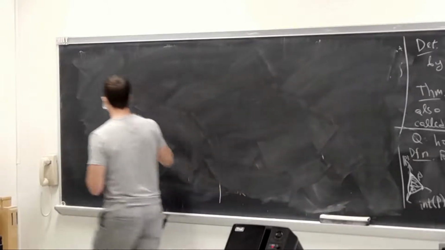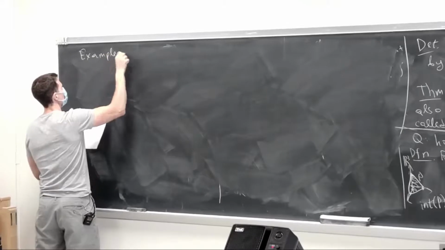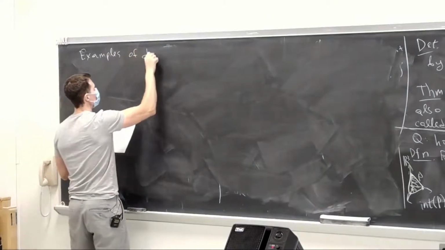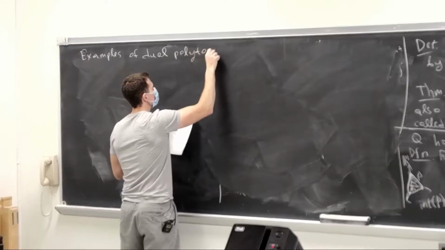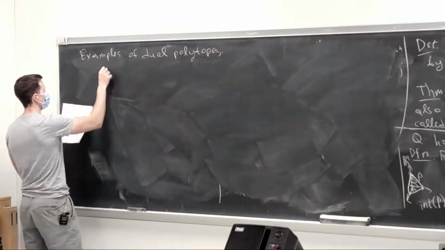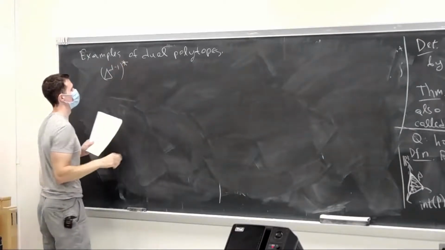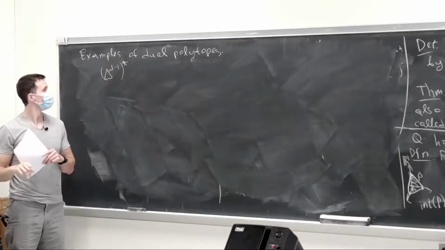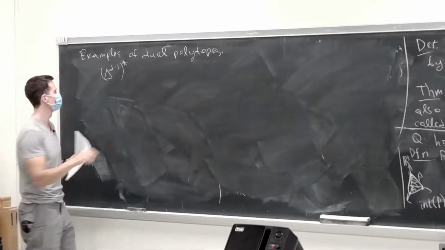Examples. Well, it's a blitz. So let's say I take the dual of a simplex. It's a simplex. Okay.